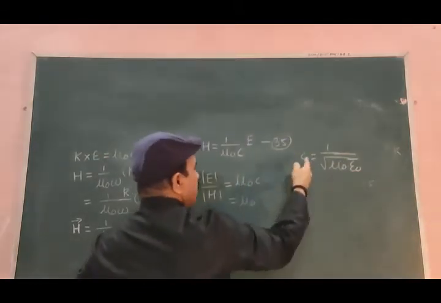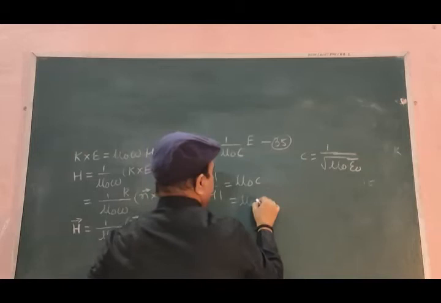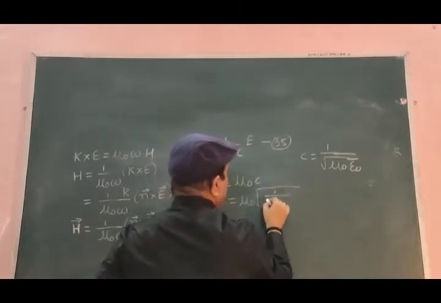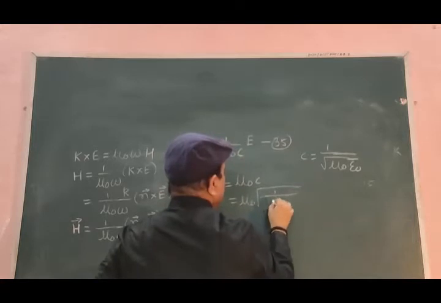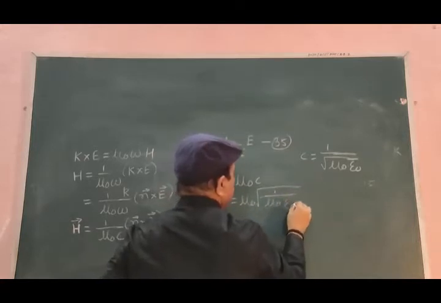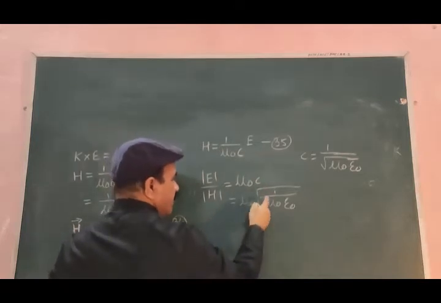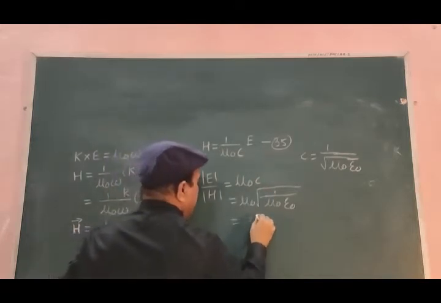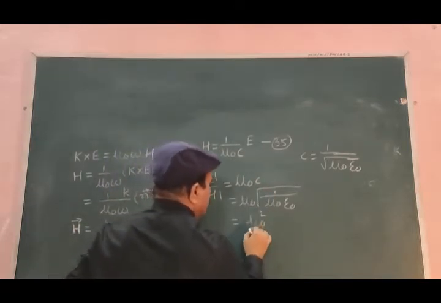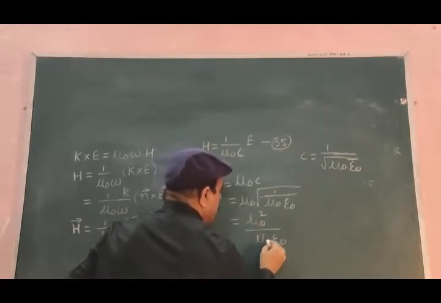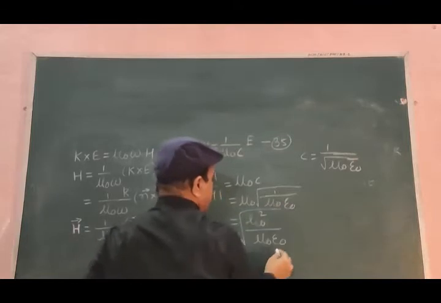So for this C, let me put this value here: 1 divided by square root of mu 0 epsilon 0. If this mu 0 is taken inside, it will be mu 0 squared divided by mu 0 epsilon 0 inside the square root.